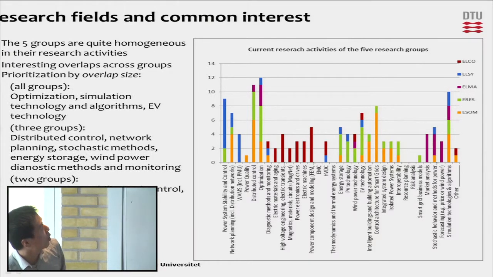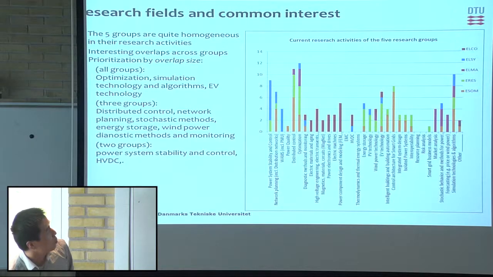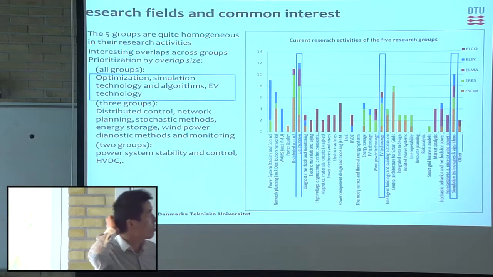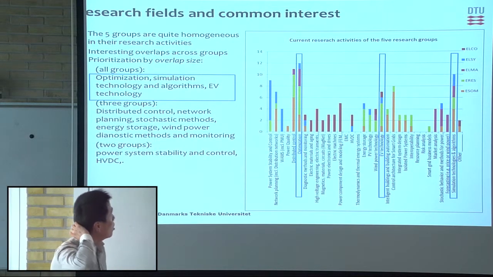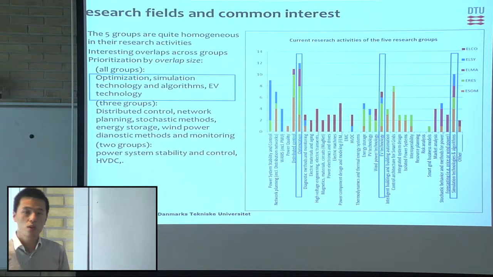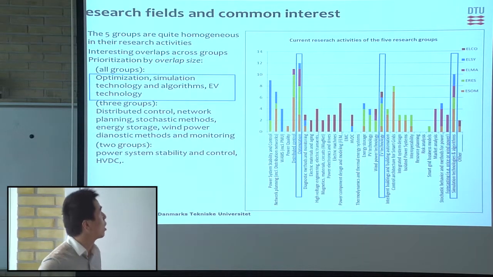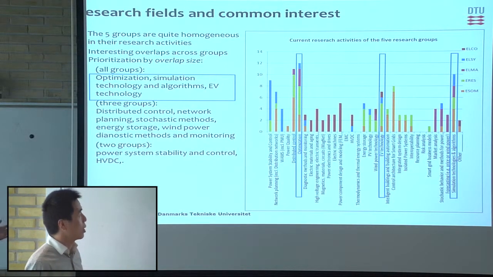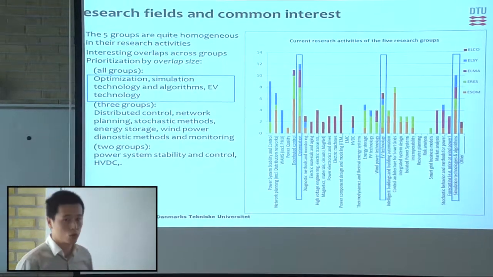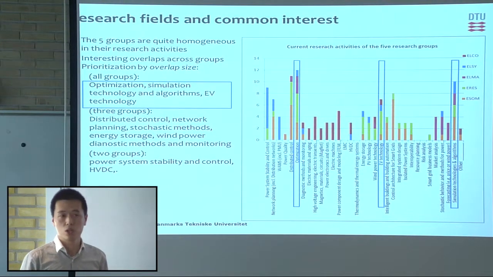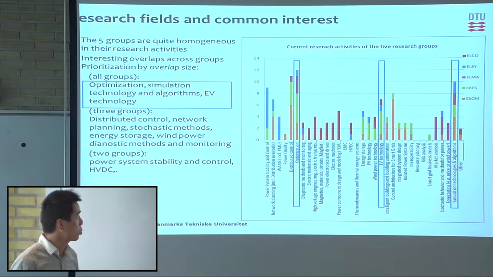So basically, we will particularize by overlap size. For example, we find 3 research topics nearly studied by every group: optimization, simulation technology and algorithms. And EV technology is also quite popular in different groups.